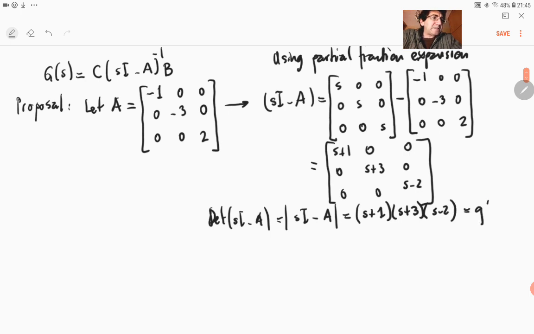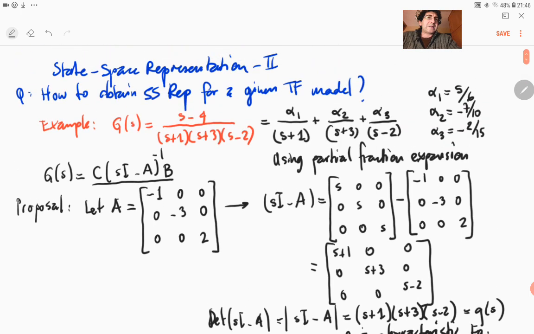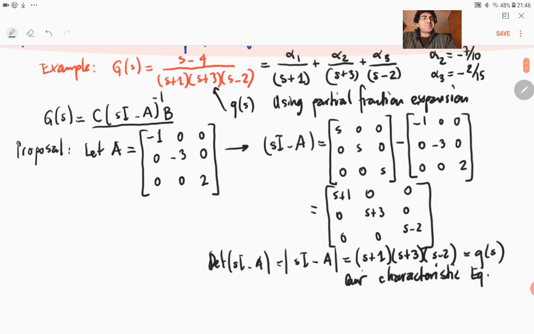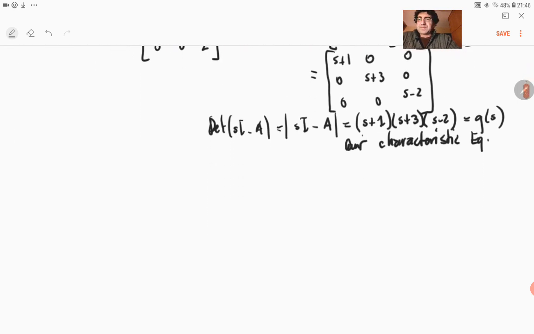Remember that this is actually our characteristic equation. The determinant of sI minus A was at the denominator of the expression that we previously derived, so that corresponds to our characteristic equation.